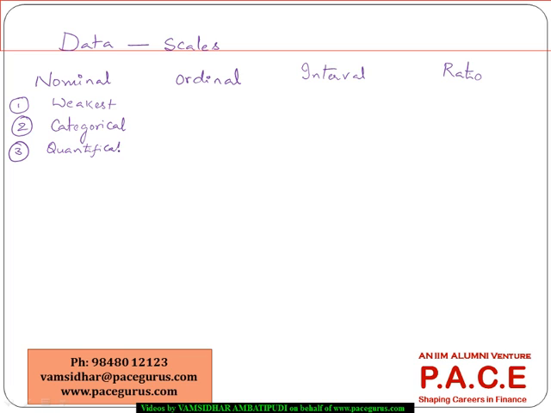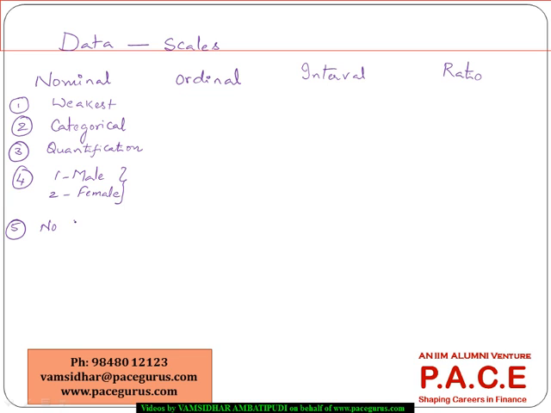Probably I am simply saying a categorical data, something like 1 means male, 2 means female. I am assigning some kind of a quantification to the data. 1 means male, 2 means female, but there is no ranking to it, no ordering.